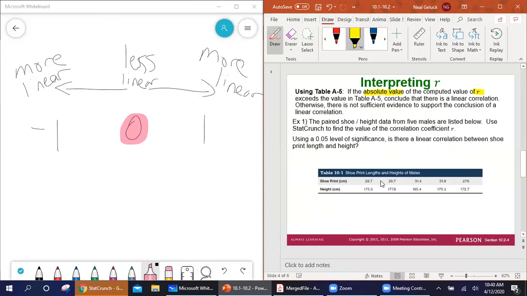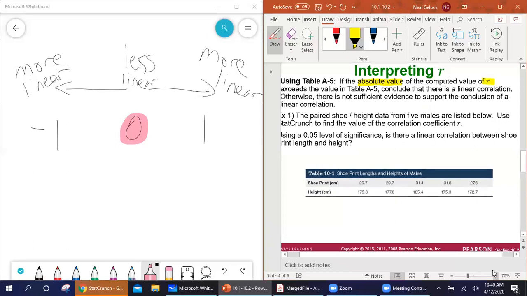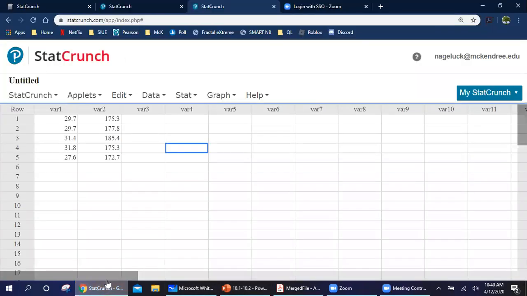So I'm using the first column of StatCrunch to be my shoe print length. So think of this like my X's and the heights as my Y's. Basically, it's paired data. So I have it up in StatCrunch here. I put my X's in column var1, I put my Y's in column var2.